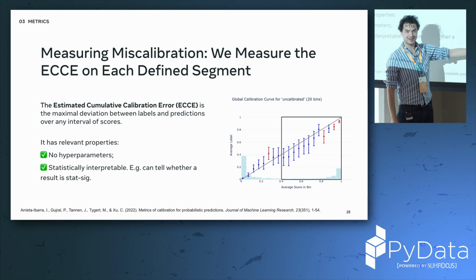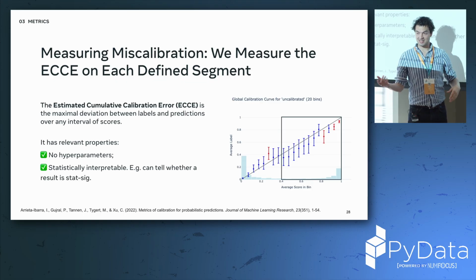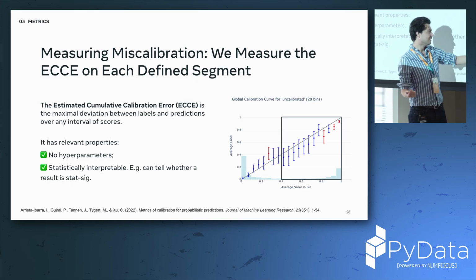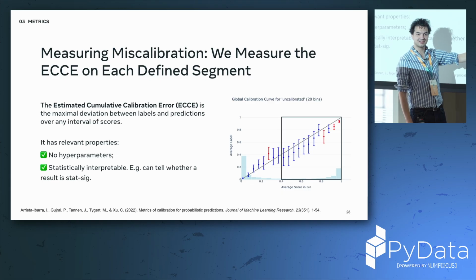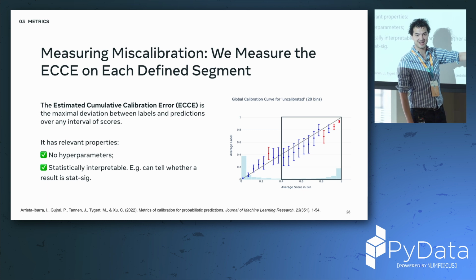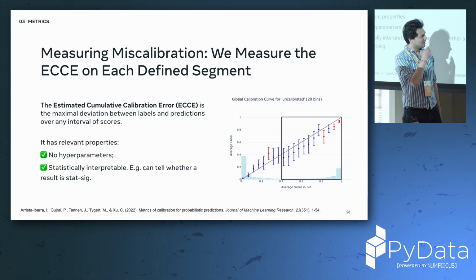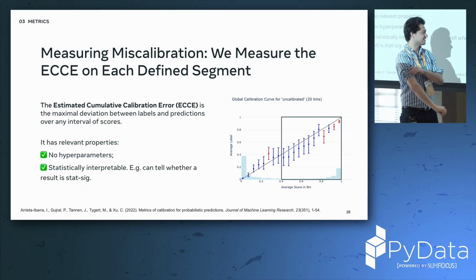For each of these buckets, on your test set, you calculate the average of your label. That tells you what the correct prediction should have been on average in this group, and you can check the difference between the average of the label and the average of the prediction in this group. This is very often used. I think it's the most common metric in measuring calibration.